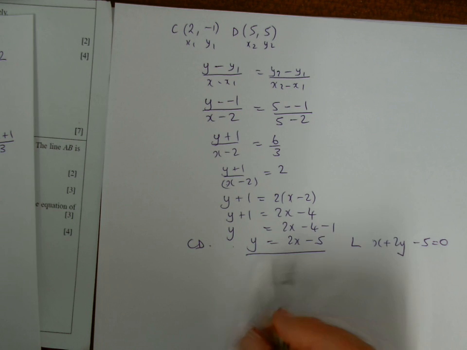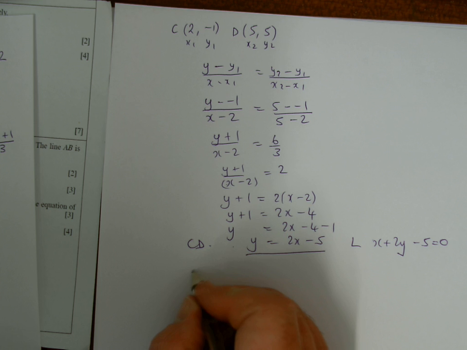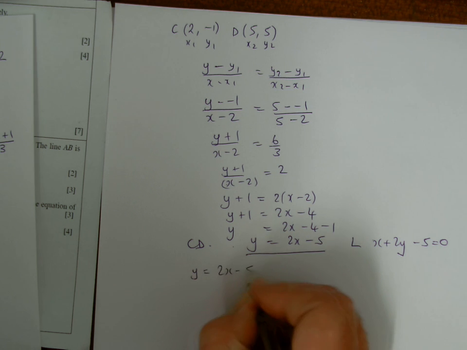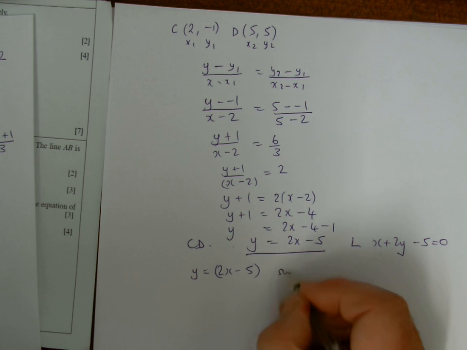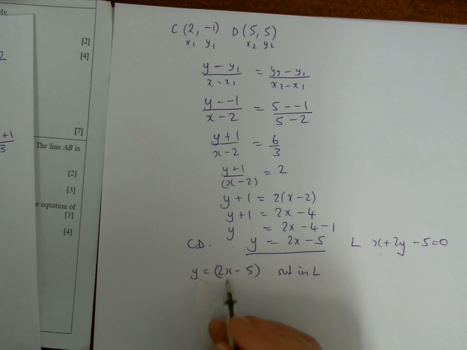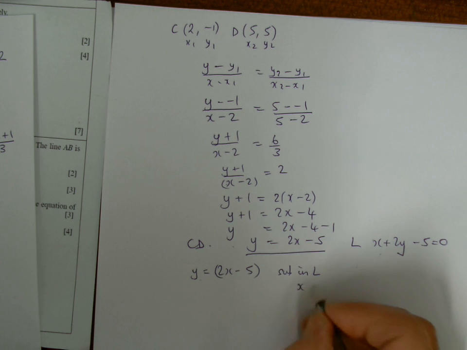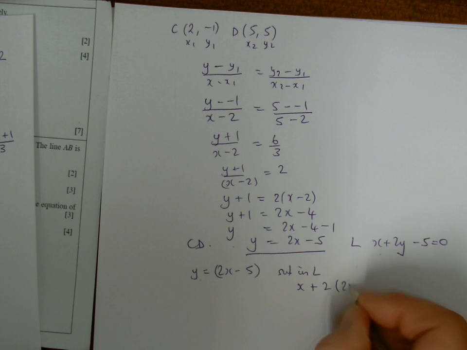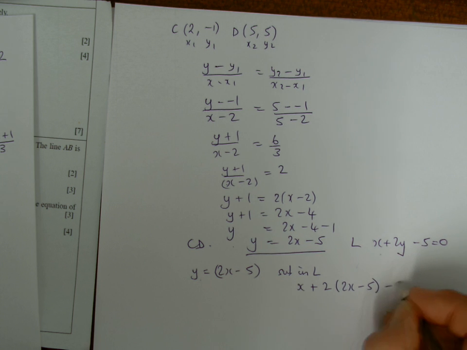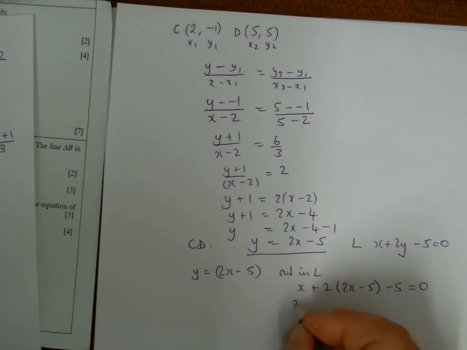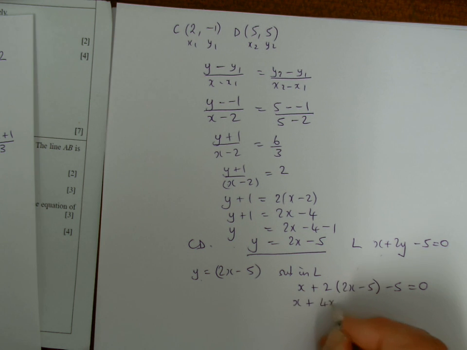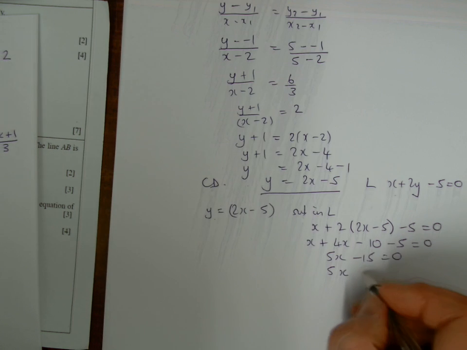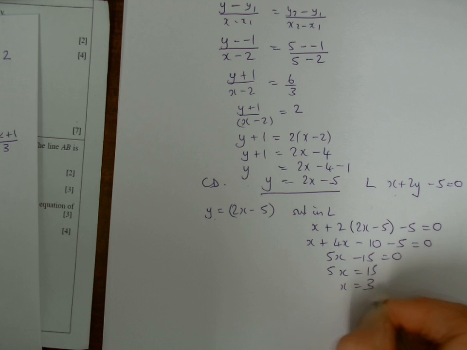I can do this one by substitution because I've got a y on its own. So y is 2x minus 5, and then if I substitute that into L, whenever I see a y I put a 2x minus 5. I've got x plus 2 lots of y, which is 2x minus 5, minus 5 equals 0. Expand the bracket: 2 lots of 2x is 4x, minus 2 lots of 5 is 10. So that's 5x minus 15 equals 0. 5x equals 15, x is equal to 3.